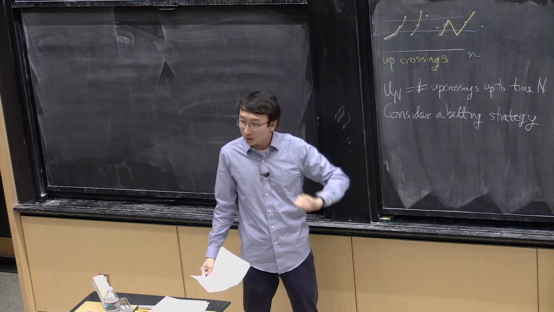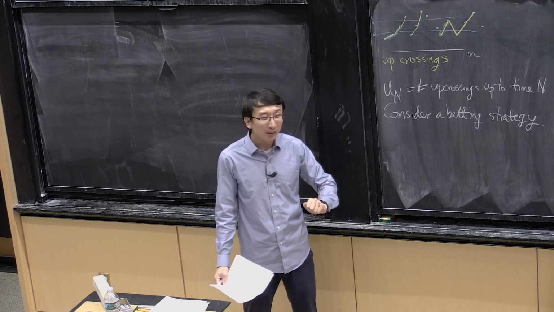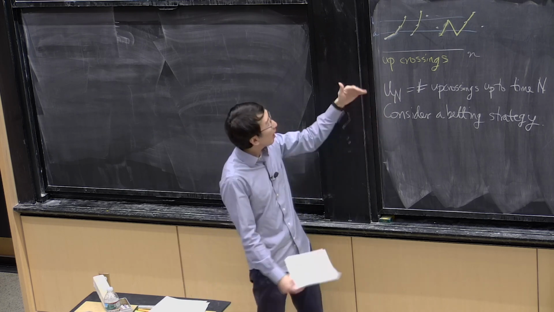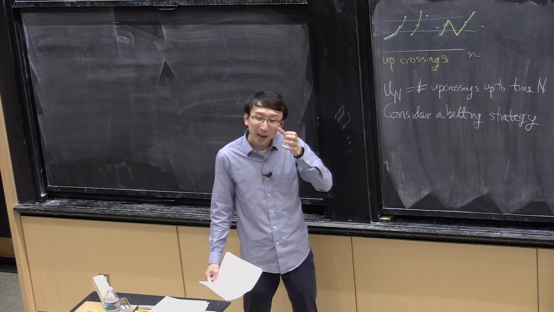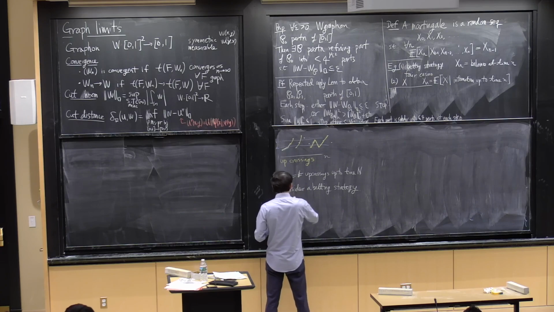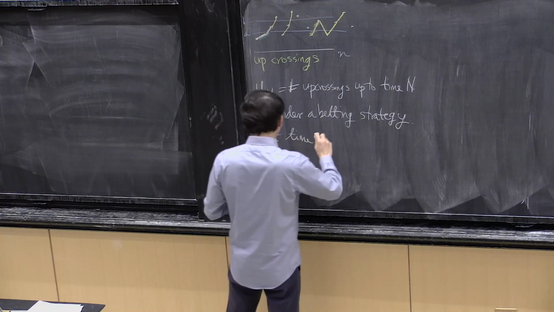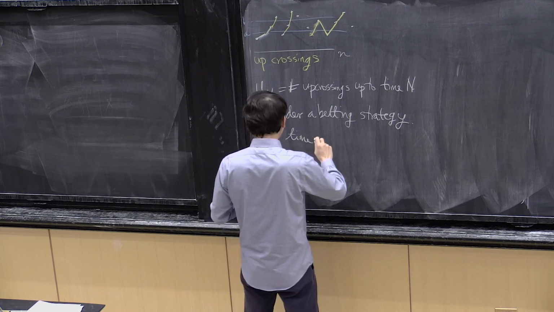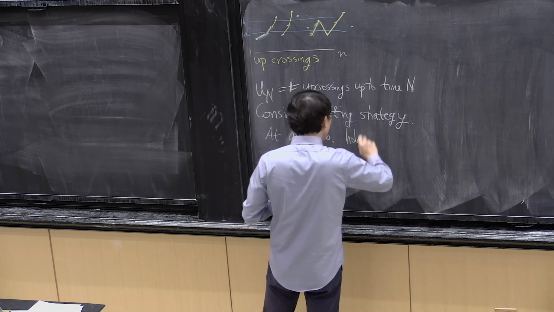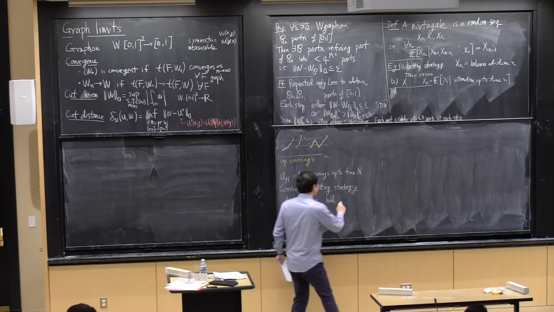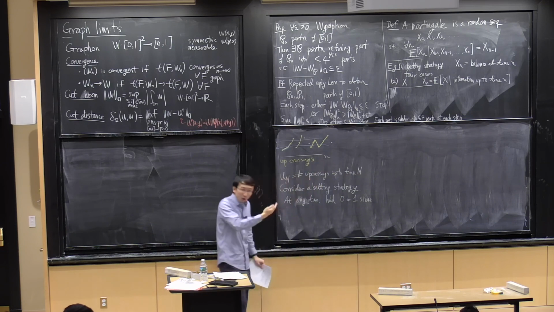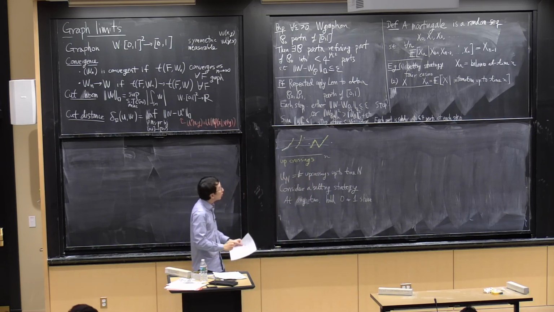Think of this as the stock market. It's a fair stock market where you tell me the price, and I get to decide: do I want to buy or do I want to sell? So consider the betting strategy where at any time we hold either 0 or 1 share of the stock, which has these moving prices.